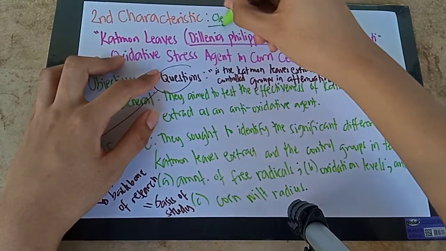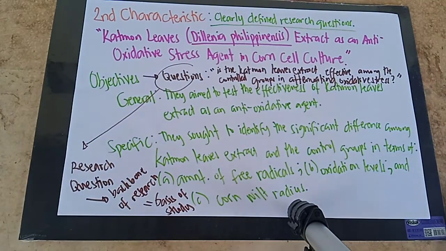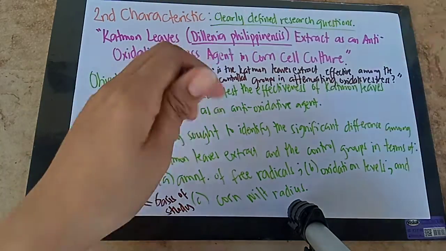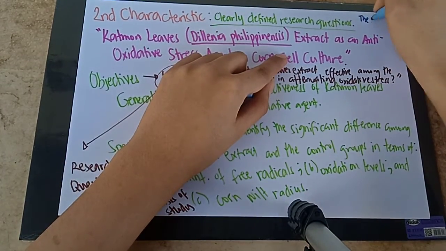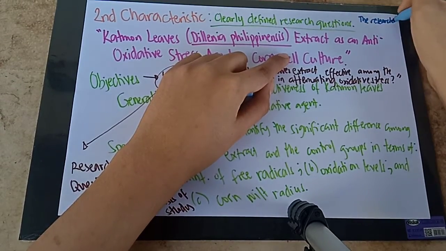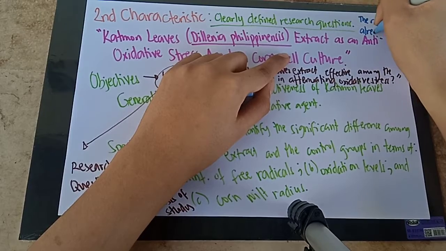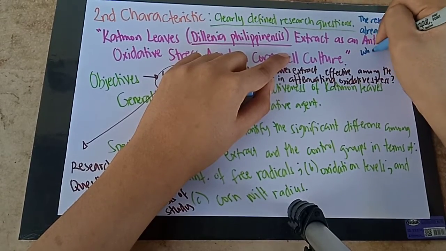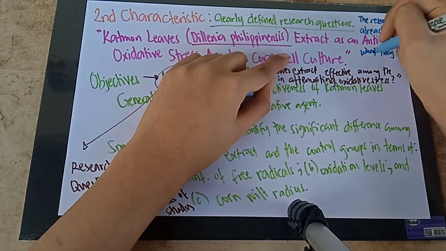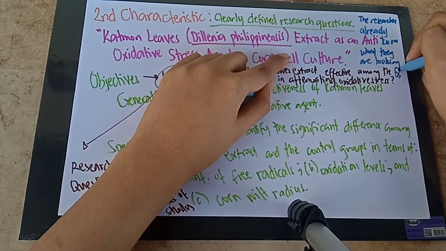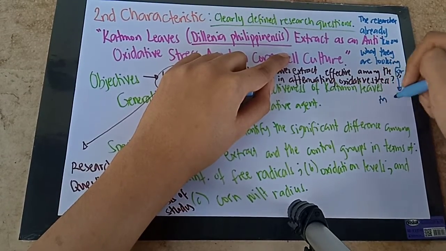What do we mean by clearly defined research questions? It means that the researcher already knows what they are looking for in advance.